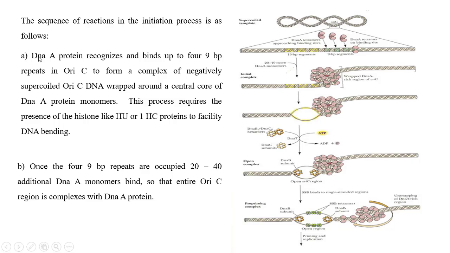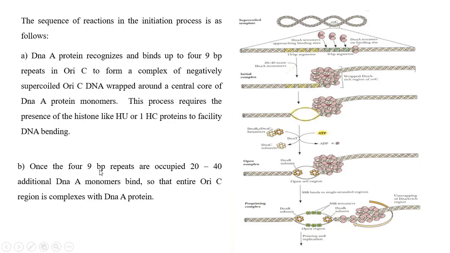First the DnaA protein recognizes the origin and binds the 4 repeats of 9 base pair sequences. It requires histone-like proteins such as HU or IHF that facilitate the binding of DnaA protein at the 9 base pair repeats.